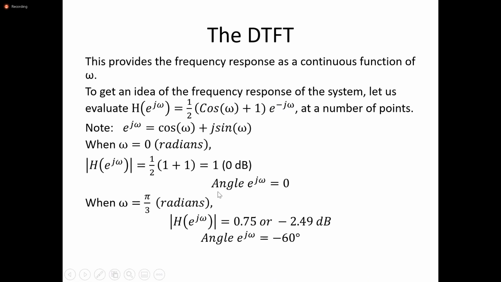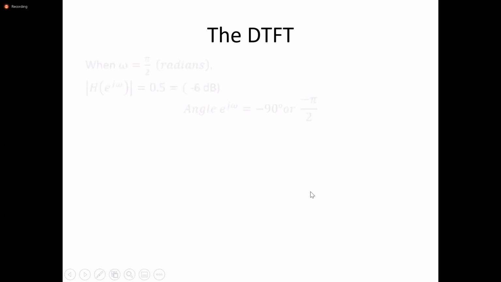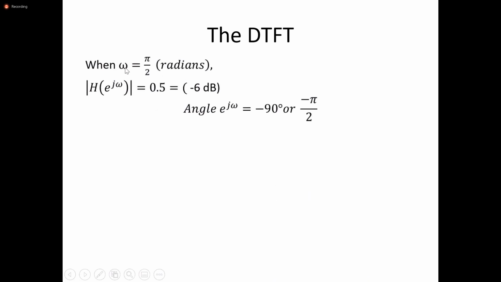Right, so that is the next point. And then we come now to omega equal pi over 2 radians. And that is half of the frequency you would normally be expecting to pass.